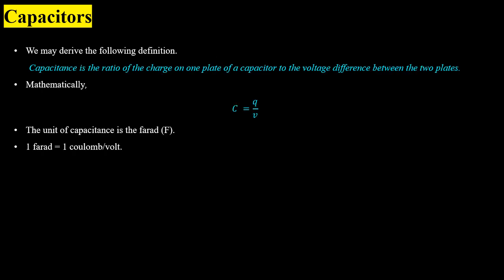Now, capacitance is defined as the ratio of charge stored on one plate of the capacitor to the voltage difference between the two plates. Mathematically, capacitance is equal to charge stored divided by applied voltage. The unit of capacitance is farad, and 1 farad is equal to 1 coulomb per 1 volt.